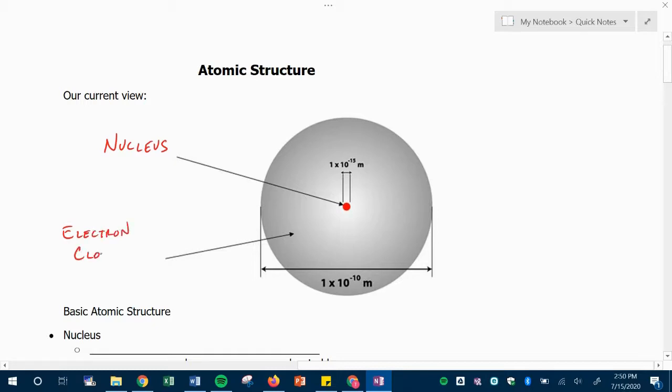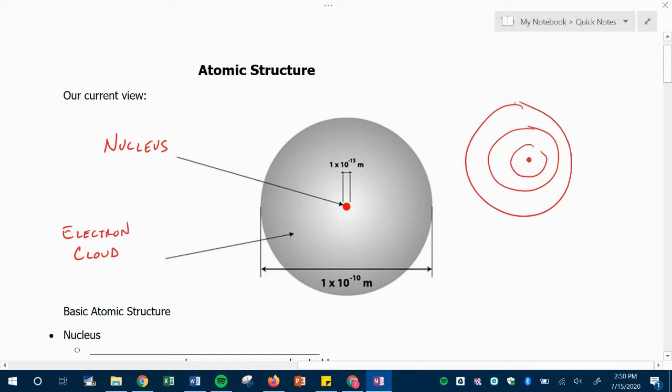Now, most of you guys, if I said, okay, picture an atom, you're probably not picturing something quite this basic. You're probably picturing maybe something like what we call the Bohr model, where there's a bunch of rings going around the nucleus in the center. Or maybe you're picturing something like the little Jimmy Neutron logo, where you've got your nucleus and then your orbiting rings going like this for the electrons.